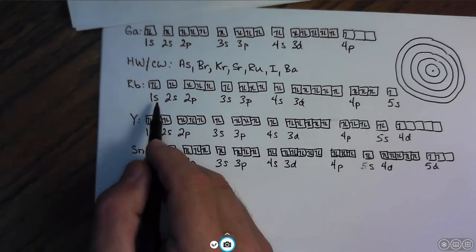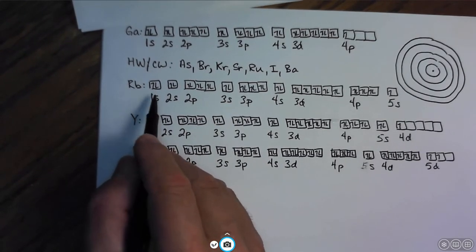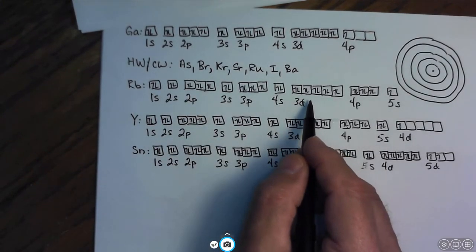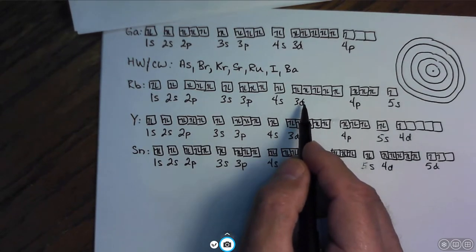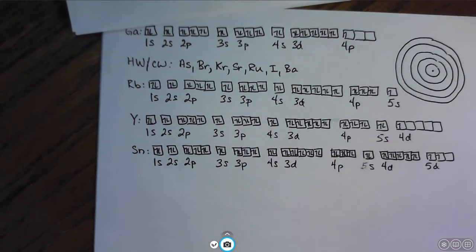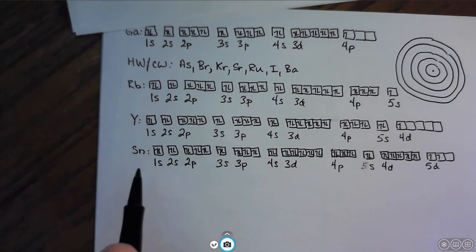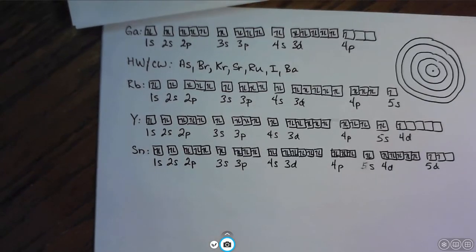So in the S sublevel, you have 1 orbital. In the P sublevel, you have 3 orbitals. In the D sublevel, you have 5 orbitals. And the F sublevel, you have 7 orbitals. So it goes up in odd numbers, okay? S, 1, P, 3, D, 5, F, 7, okay?